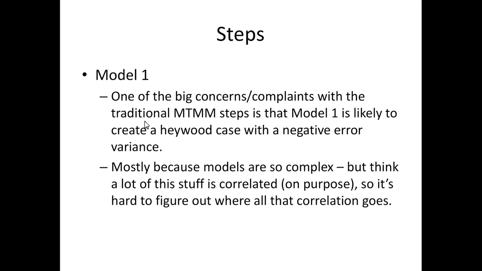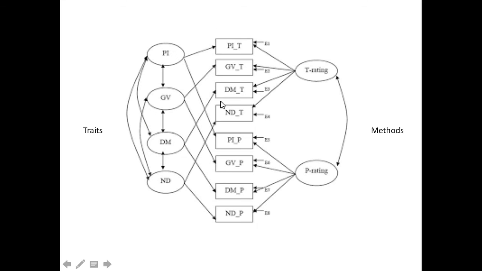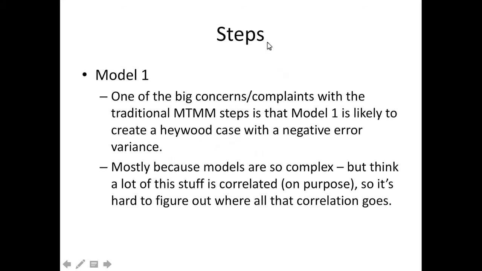One of the biggest concerns and complaints about this set of procedures is that this is the model that's likely to blow up. So you might have a Heywood case here and a negative error variance, because look at what's going on. I've got the method predicting it and the traits predicting it, and sometimes it just cannot figure out what error variance should go here on the item itself, and it's likely to throw an error.